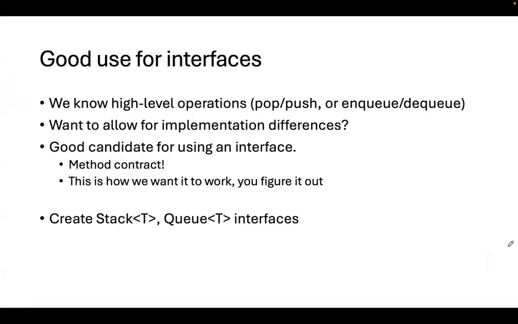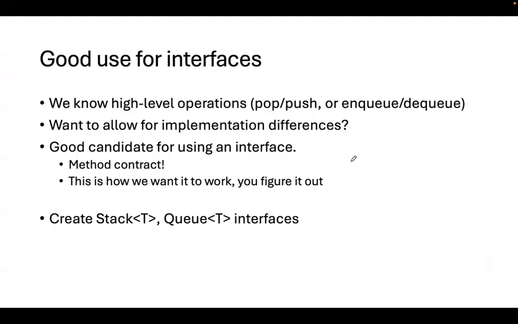This is actually a good use for interfaces. We'll start with stacks, where I'll do an example where we implement a stack with a linked list and you'll implement it with an array list. There are different data structures that it relies on, but the functionality should be similar, right?